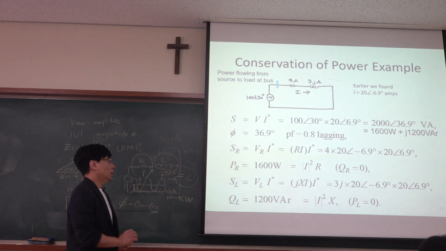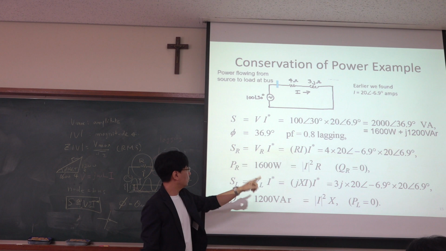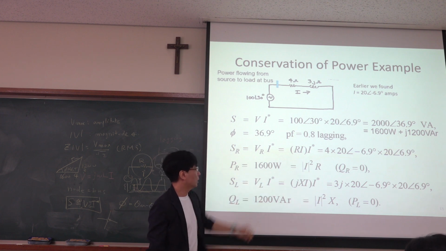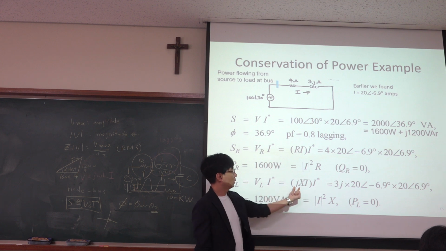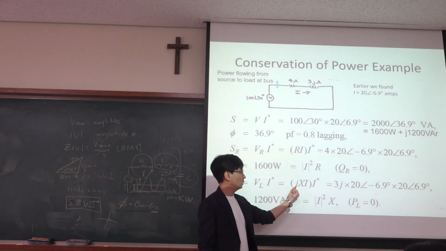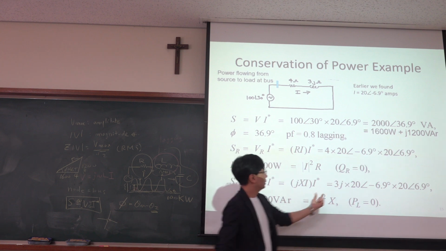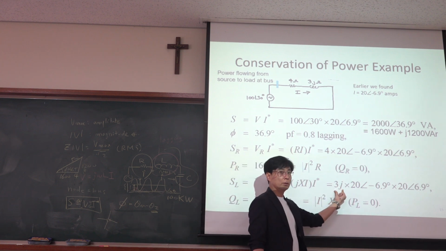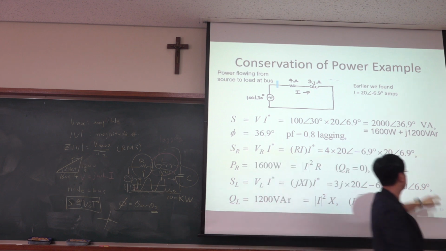About the inductor coil, the complex power at the coil, VL times I conjugate, and this VL is the reactance component j omega L or jX times I. So this is the inductive reactance, 3j times 20, same thing.